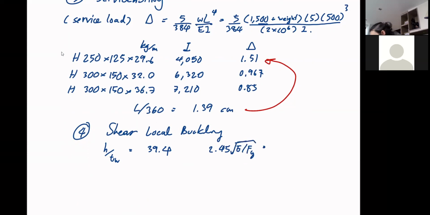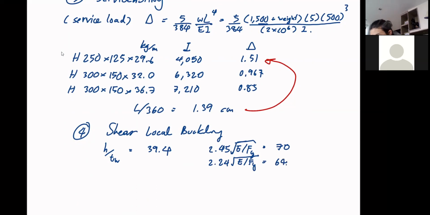This is roughly 70 something, if I'm not mistaken, but I don't remember for sure. Yeah, it's about 70. Now, if you are curious, 2.24 square root E over Fy is about 64.